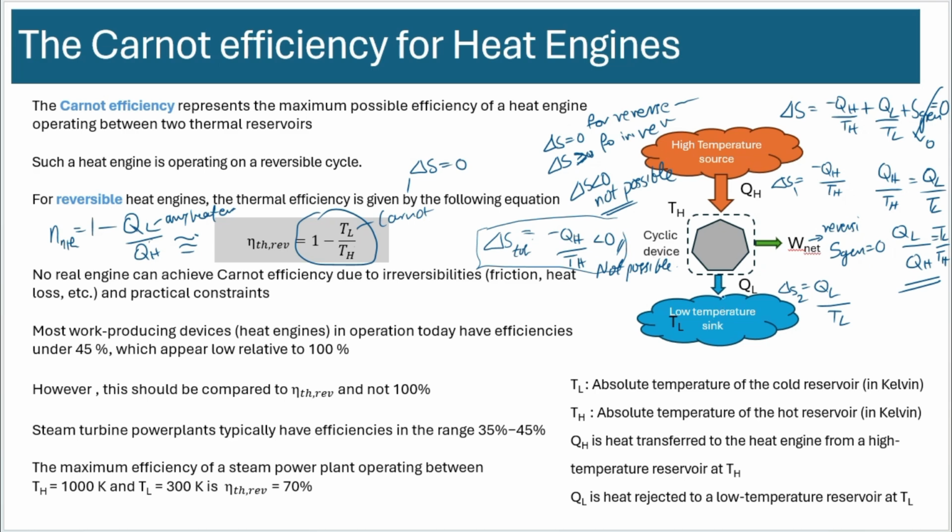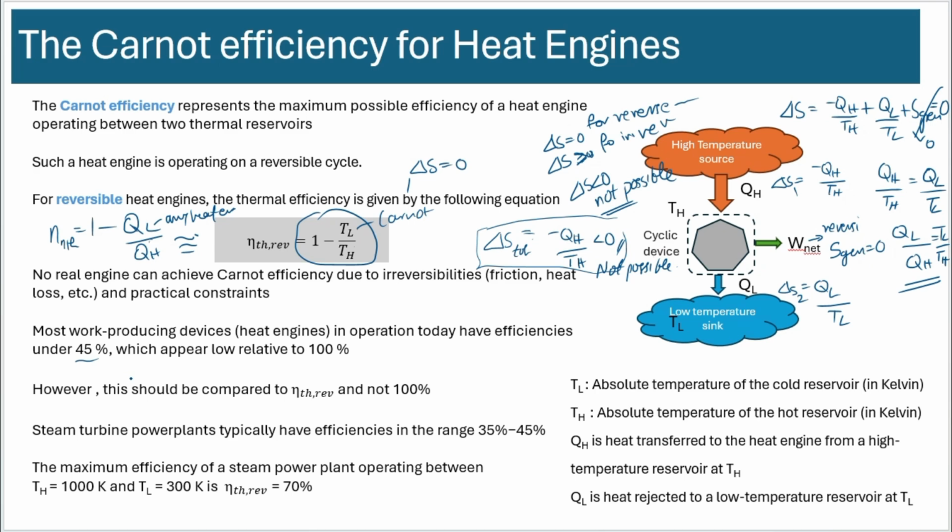Typically, what will happen is you'll generate a lot more entropy here, so you'll have a much higher QL at TL such that the delta S is greater than zero, not equal to zero. That is what happens in most work producing engines, which we discussed in the last lecture. Most engines have efficiencies under 45%.